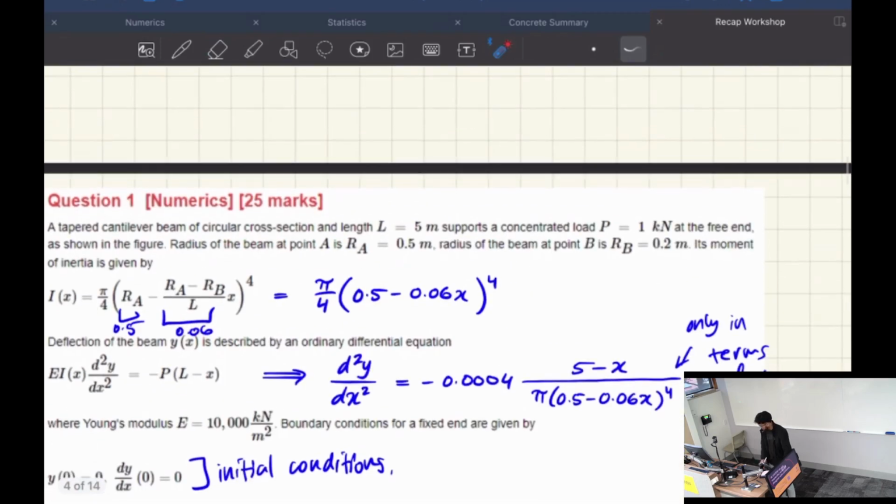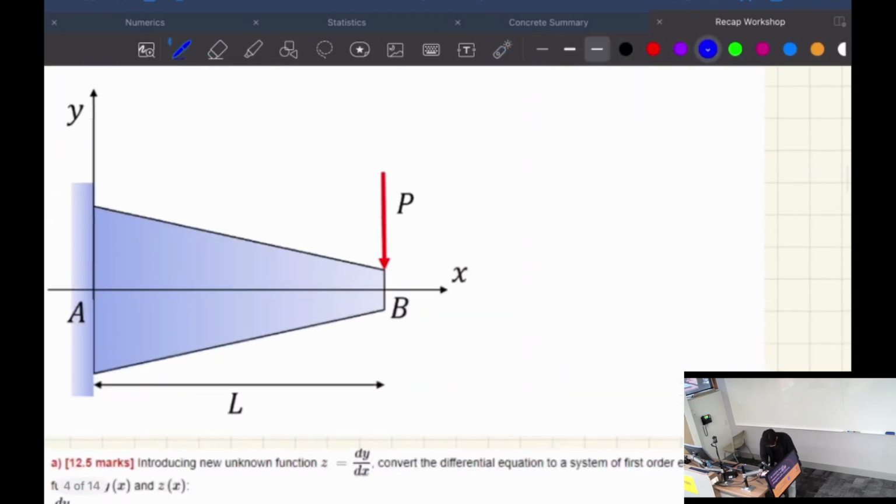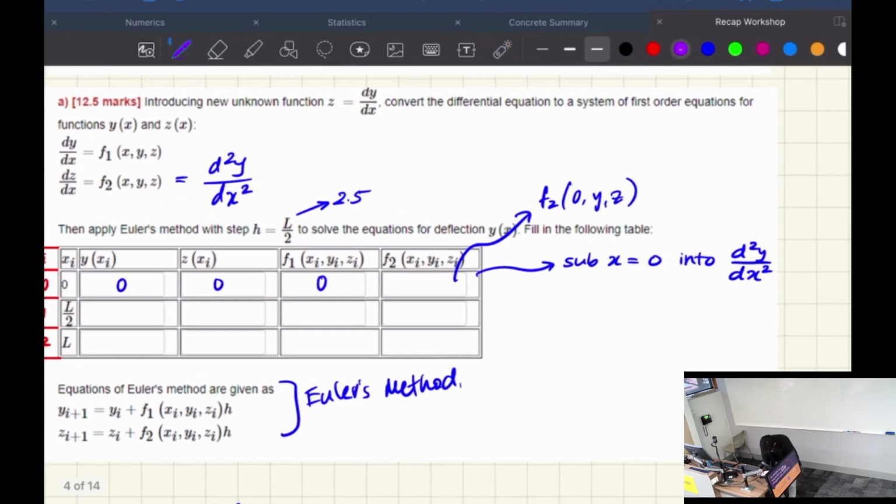When you sub that into your calculator, you get negative 0.0102. So you just substitute in. Make sense?